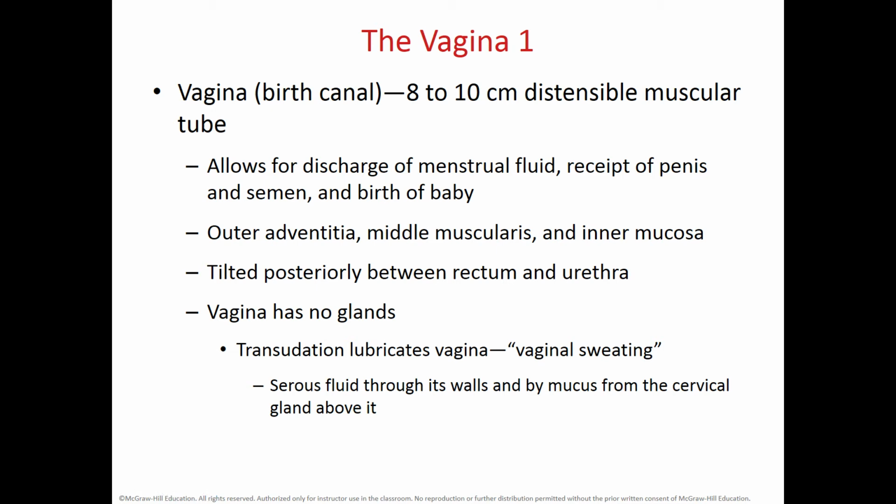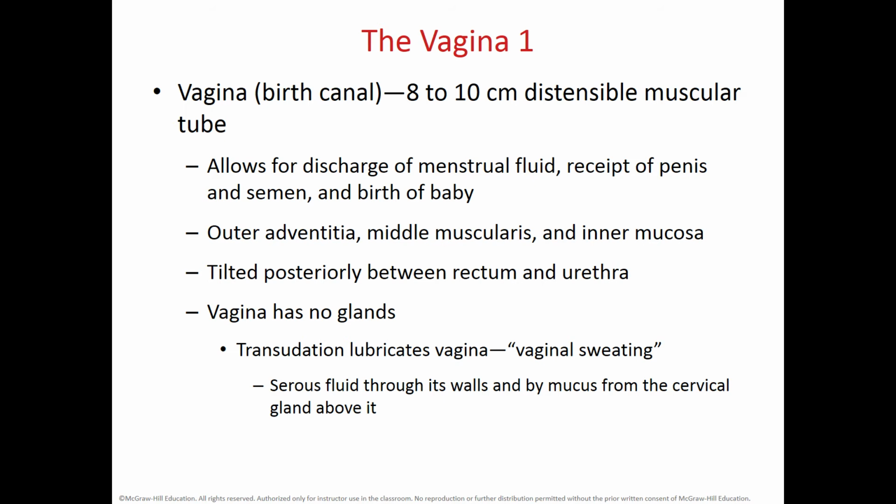Now for the vagina. The vagina is a hollow, muscular organ that measures between 8 to 10 centimeters in diameter, or sorry, in length. And it helps for the discharge of the menstrual fluid, is the copulatory organ to receive the penis and the semen, and it's part of the birth canal.